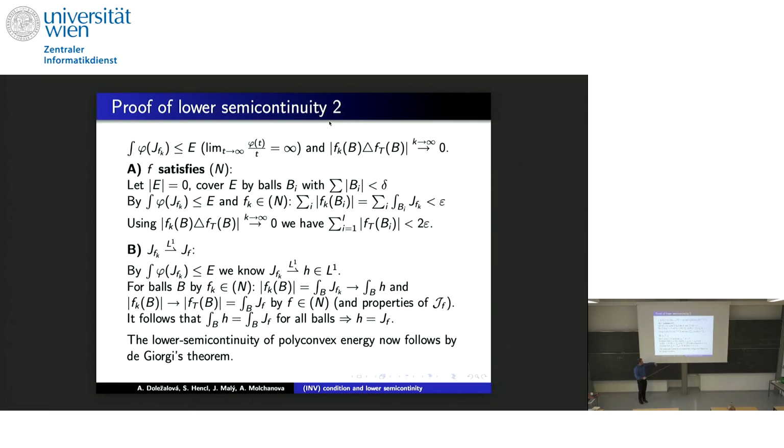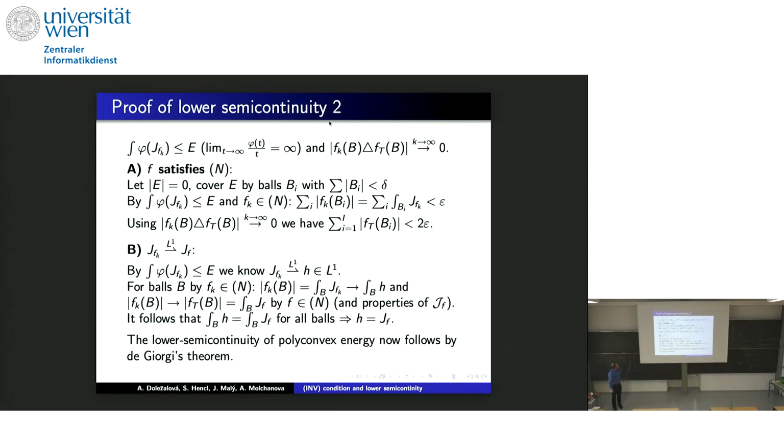So now you look at Lebesgue points, and you see that these functions are really the same, okay? So this is just to tell you that really the N condition is telling you that the measure of the image of the ball is converging to the measure of the image ball, so everything works, sort of in a standard fashion. Perfect?